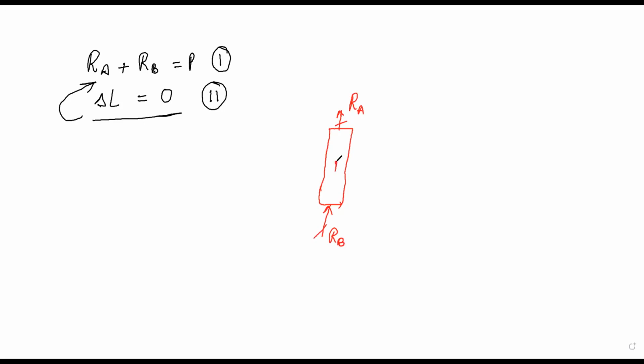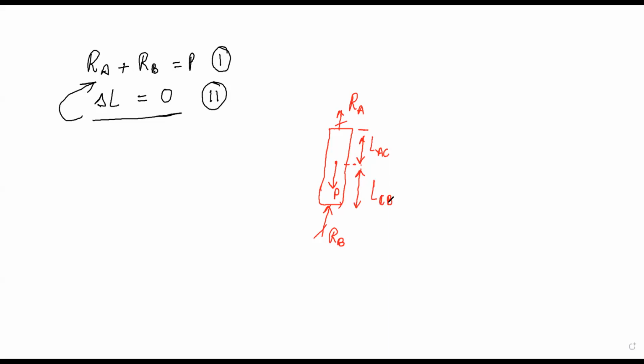At point C, we're applying a load, called load P. This distance we are writing as LAC, and this distance we have written as LCB. Now the total change in length is equal to 0.